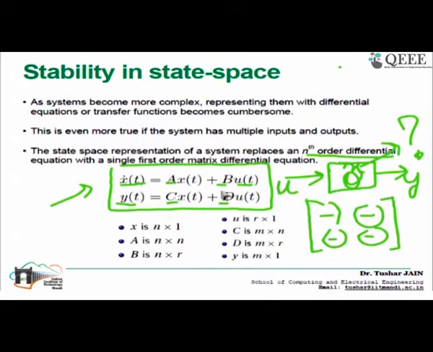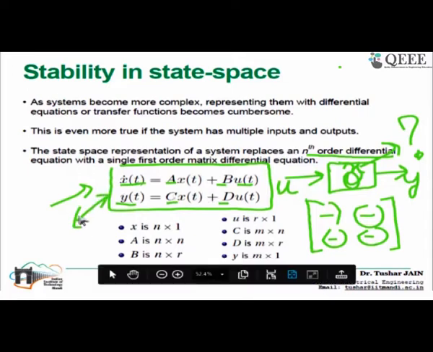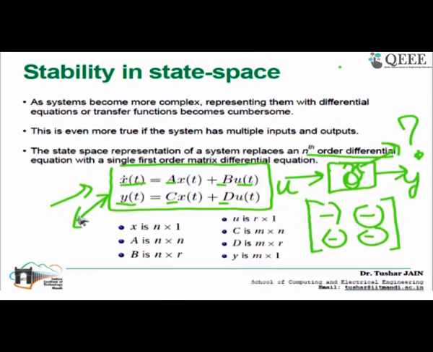In fact, even if we have the system representation in this state representation form, we can transform this system equation, and once we have the characteristic equation, we can use all the tools, right?